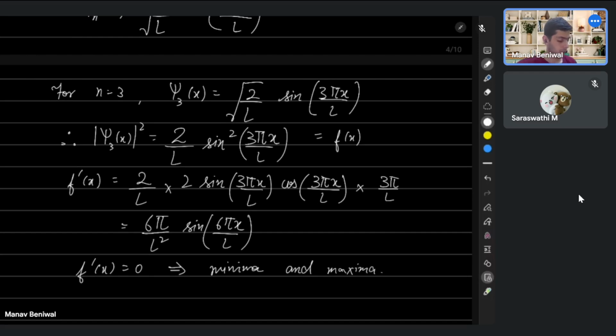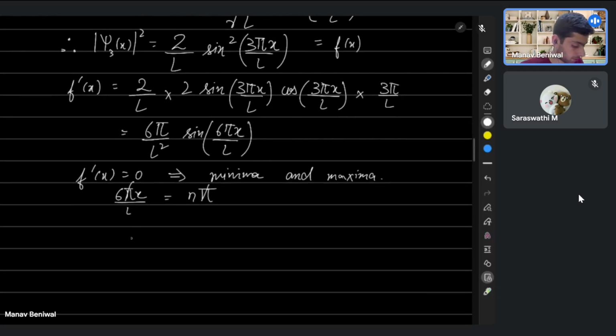So if f prime x is 0, this implies that 6 pi x over L is a multiple of pi, so this is basically n pi. The pi's will cancel out, and we will get x to be n L over 6.